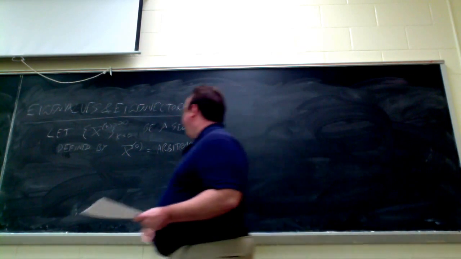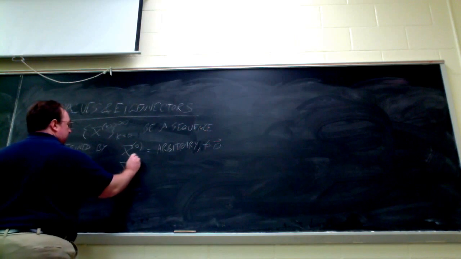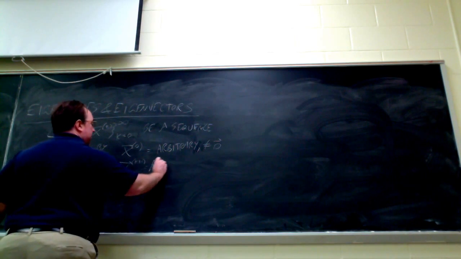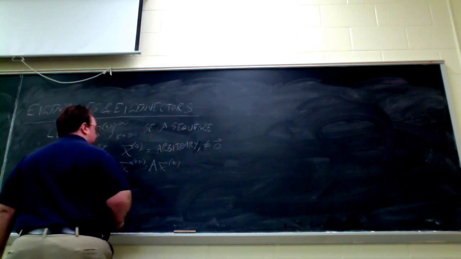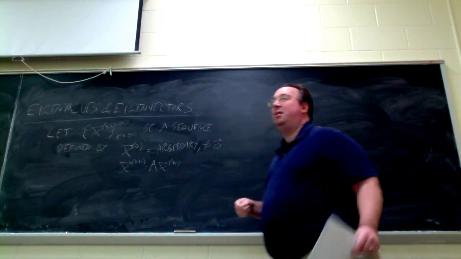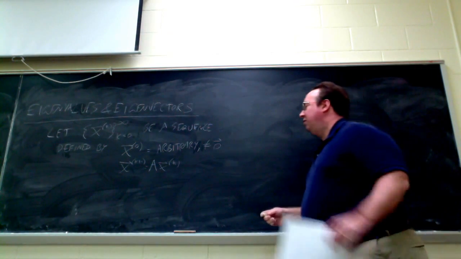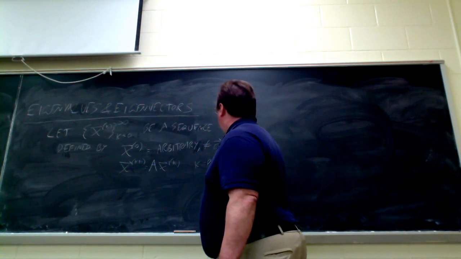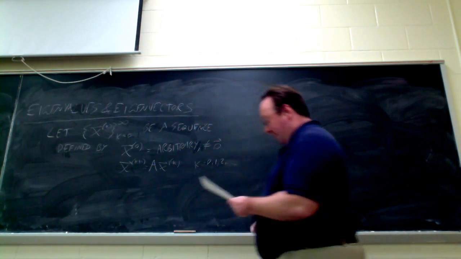And once you have that, each subsequent vector is obtained by multiplying by some fixed matrix A. So you just keep multiplying by A over and over again.